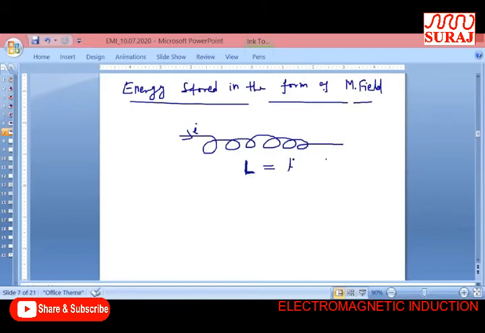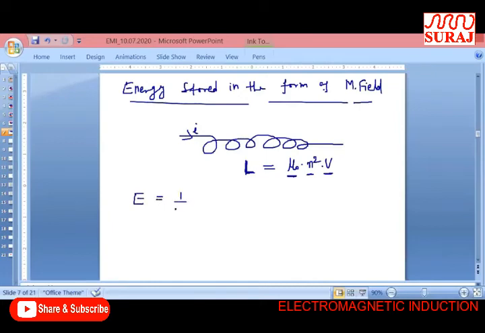What is the value of this inductance? Mu naught N square V. We have derived this. Mu naught is the permeability of free space, N is the number of turns per unit length, and V is the volume of the inductor or solenoid.